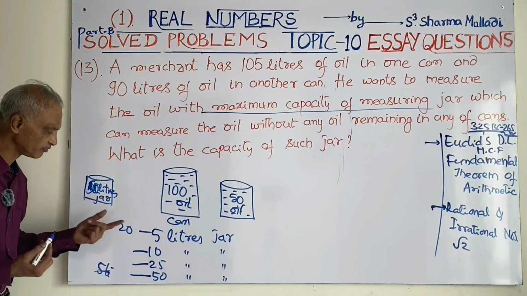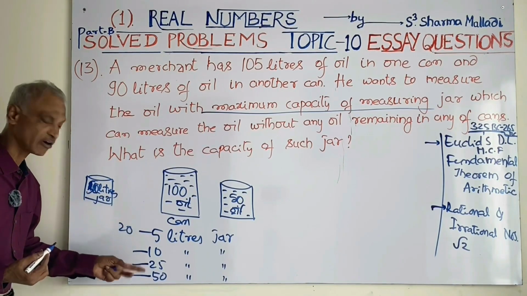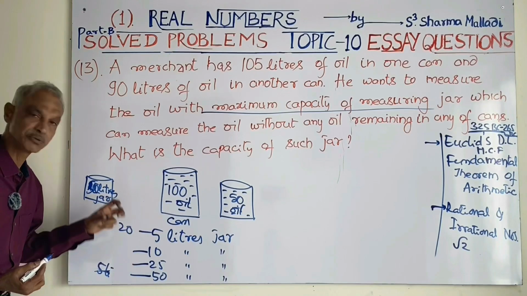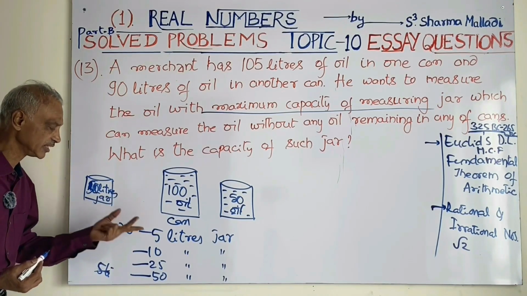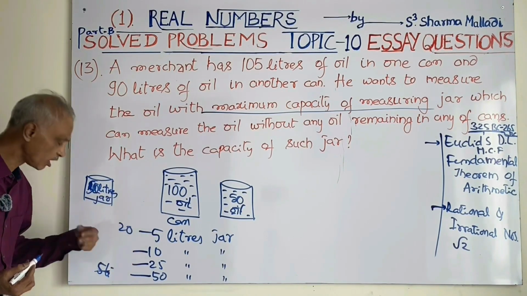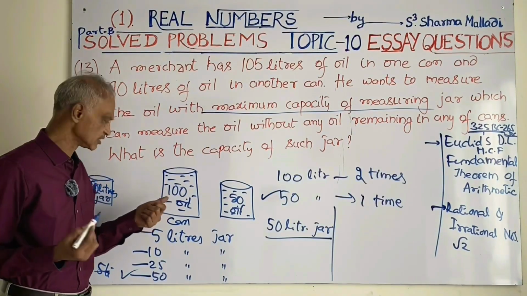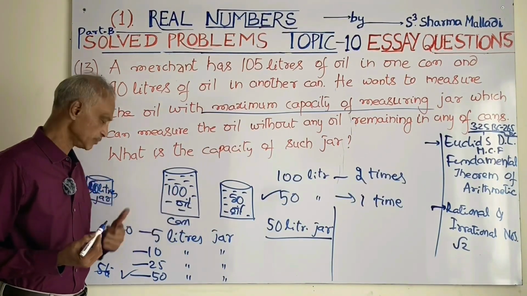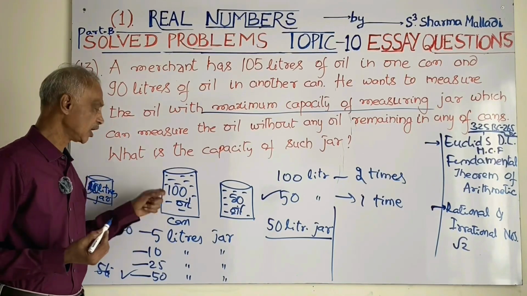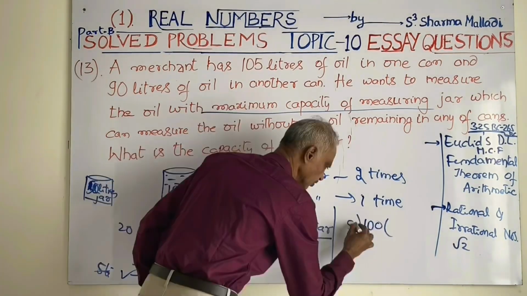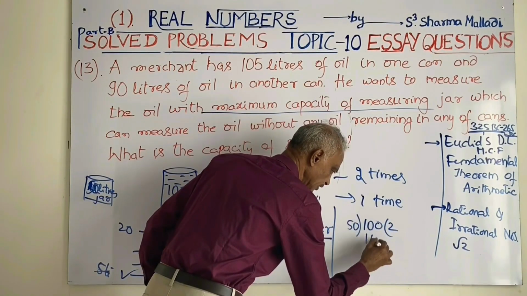How can you identify 5, 10, 25? All are correct. How can you identify whether it is 5 or 10 or 50? With the help of HCF, we can find out the measuring jar directly. How? You divide 50 into 100.